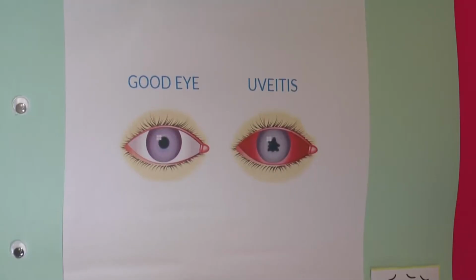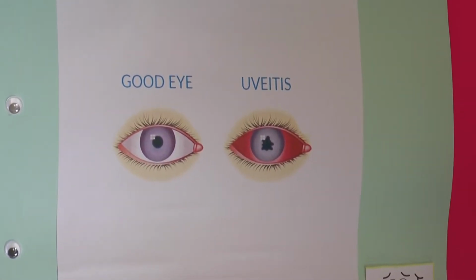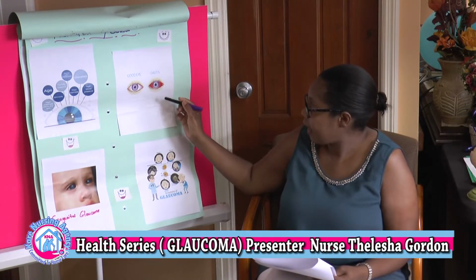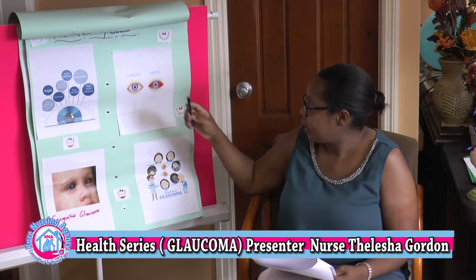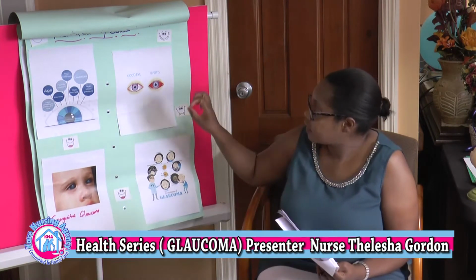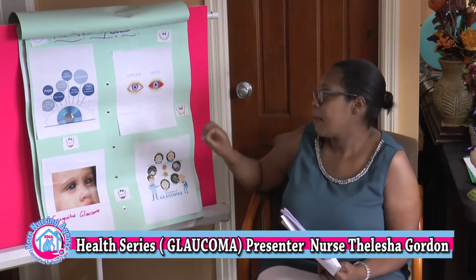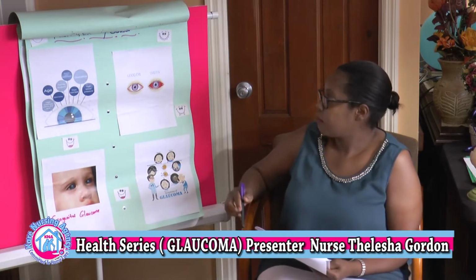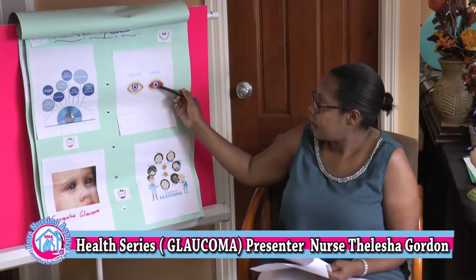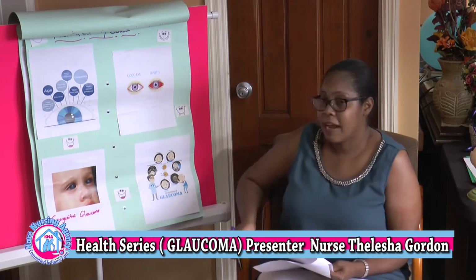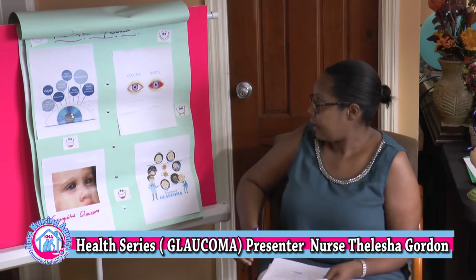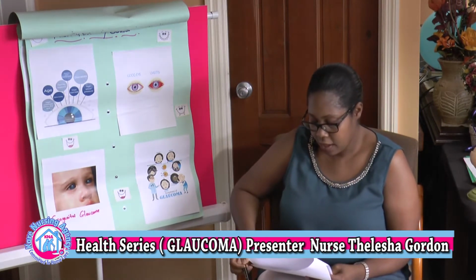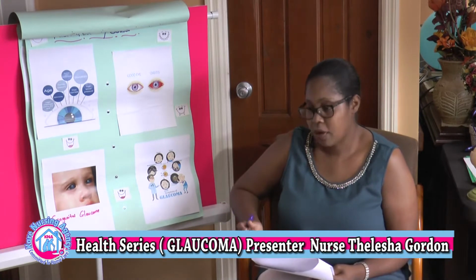Uveitis, chronic uveitis, which is the inflammation of the anterior chamber of the eye, that is the iris, the lens, and the cornea, causes swelling, redness, maybe some blood discharge. The inflammation process causes the angle to become narrowed and inhibits the fluid from draining outside the eye, causing a buildup in the pressure, causing glaucoma.